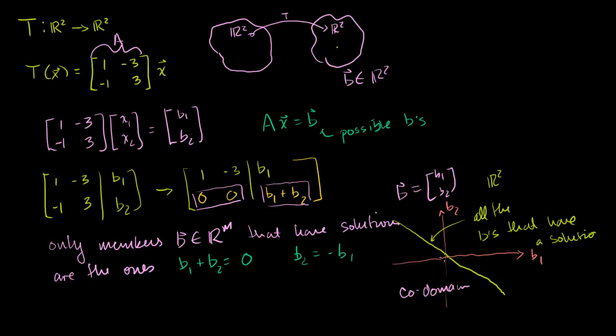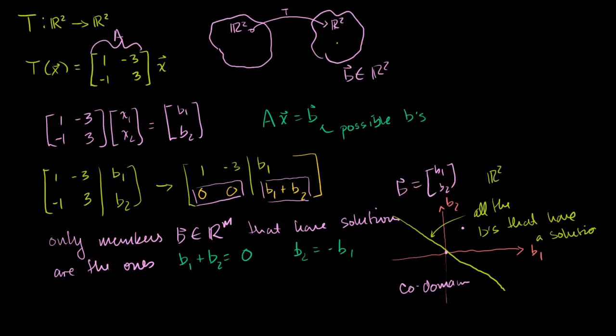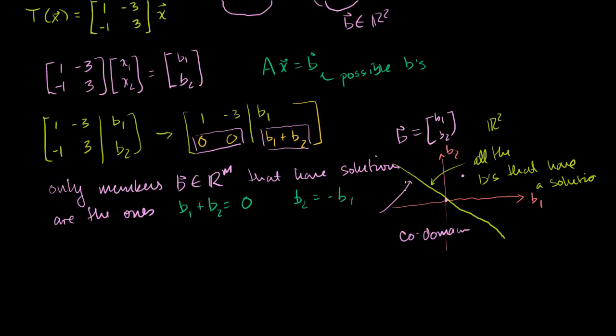It's very clear that if you pick somebody whose two terms don't add up to equaling 0 or aren't the negative of each other, if you pick someone over here in our codomain and then try to solve the equation, you're going to have a 0 equal to some non-zero number here, and you're not going to have a solution. We touched on this in the last video. And so in this case, this right here is the image of our transformation.